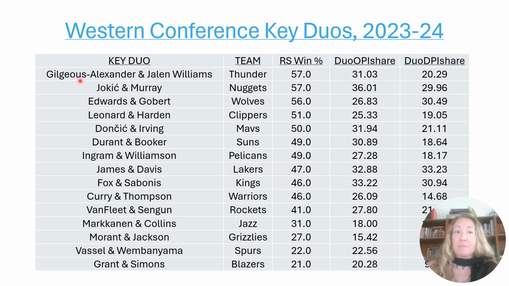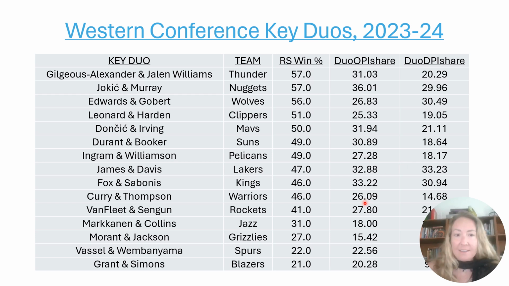The fun fact about our first key duo, Gilgeous-Alexander and Jalen Williams, who were on the top seeded team, the Thunder, there are actually two Jalen Williamses on the Thunder, which is why I had to put the first name spelling in there. Now, the immediate thing that jumped out to me when I looked at this table without doing any actual analysis yet is that there seems to be less of a clear pattern than there was in my Eastern Conference data, which makes things very interesting.